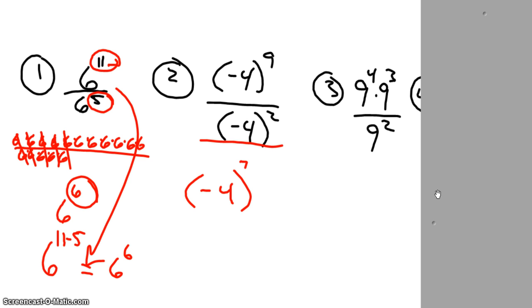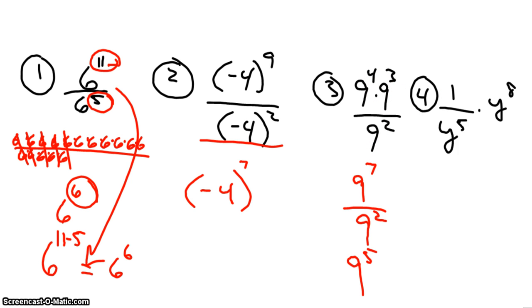How many factors of 9 do we have in the numerator, Johnny? So we have 9 to the 7th over 9 squared, which gives us what? Good job. So we have 9 to the 5th. Okay, so we had the product of powers and the quotient of powers, all in one example.